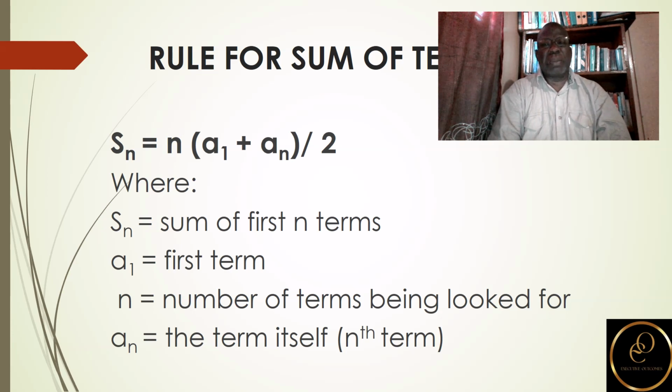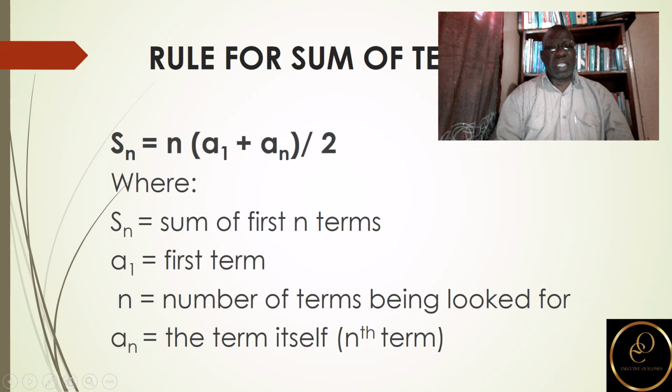The rule of sum of terms is given by this formula: S, meaning sum, subscript n, meaning the sum of n numbers, is equal to n, the number of items we are going to add in the series, open bracket, the first term plus the last number, the nth number.